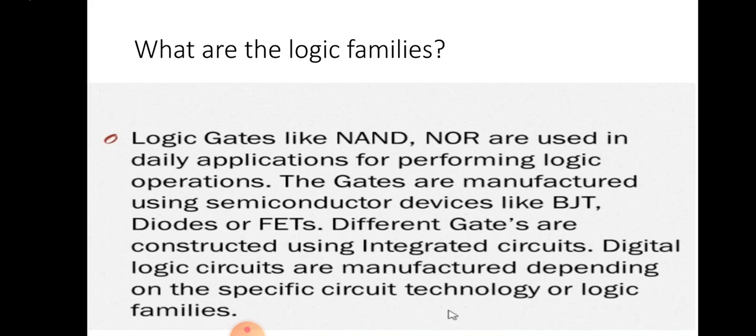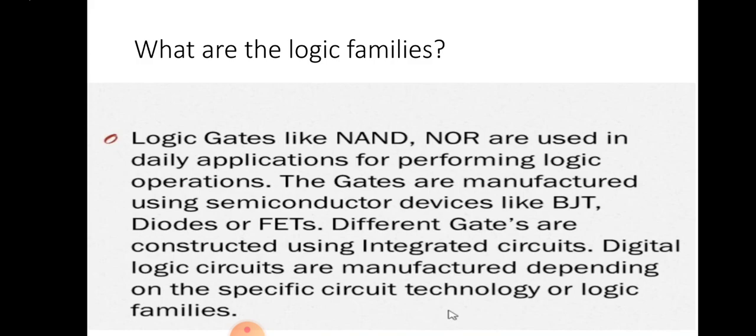What does it mean that different gates are constructed using integrated circuits? Integration of different components, or a combination of different components, forms a particular circuit. These circuits are given a particular logic family name, so we call it a logic family.